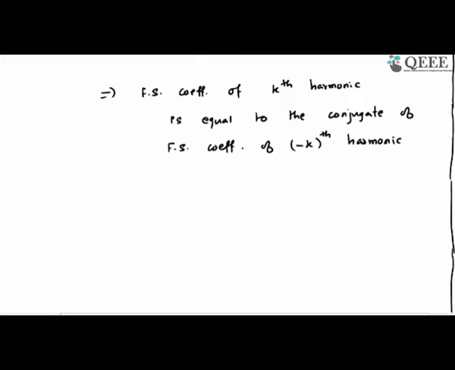Now we can verify this easily, so let us prove this property. Suppose x of t is real. Then x of t is written as the sum from minus infinity to plus infinity of ak e power j k omega naught t. Now I conjugate both sides.